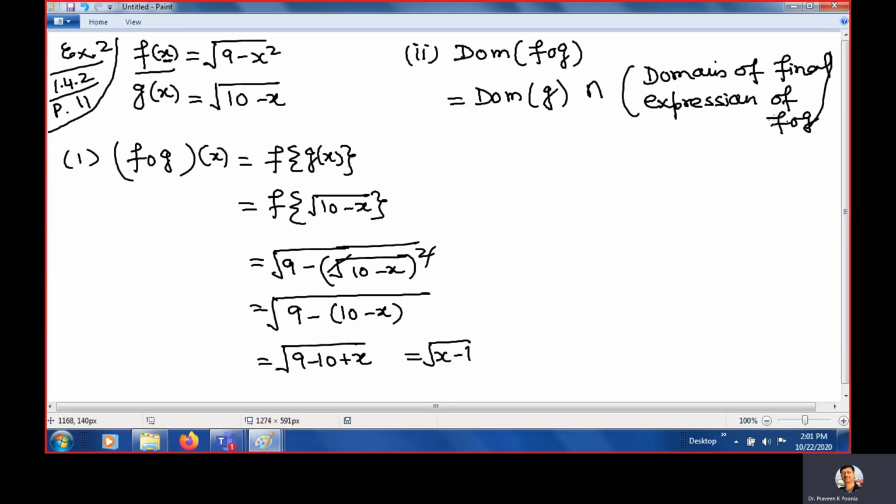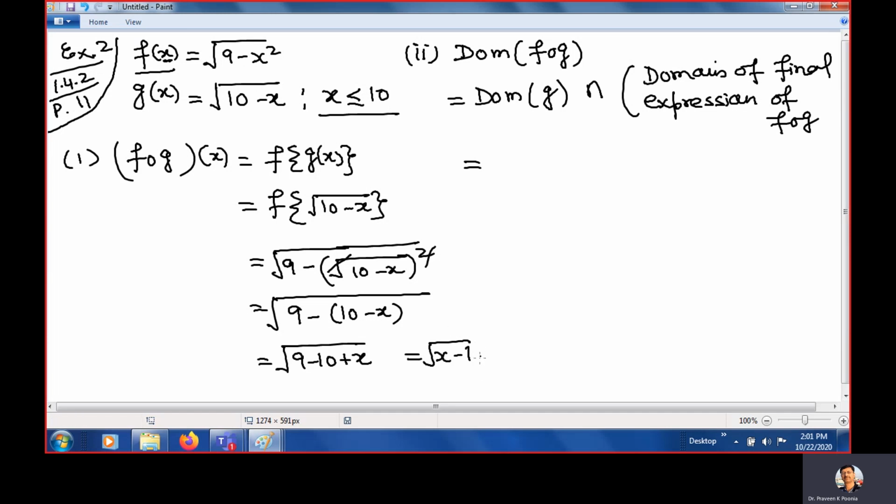This is the formula. So what do we need? We need the domain of g. So first we'll find the domain of g. If you find the domain of g, this is a radical function. Put this greater than or equal to 0. So you will find the domain as x less than or equal to 10.